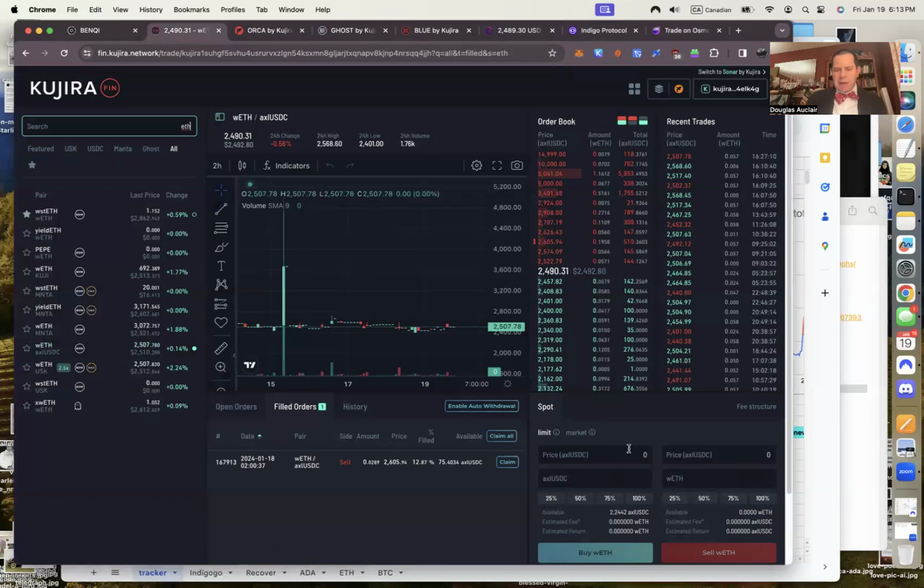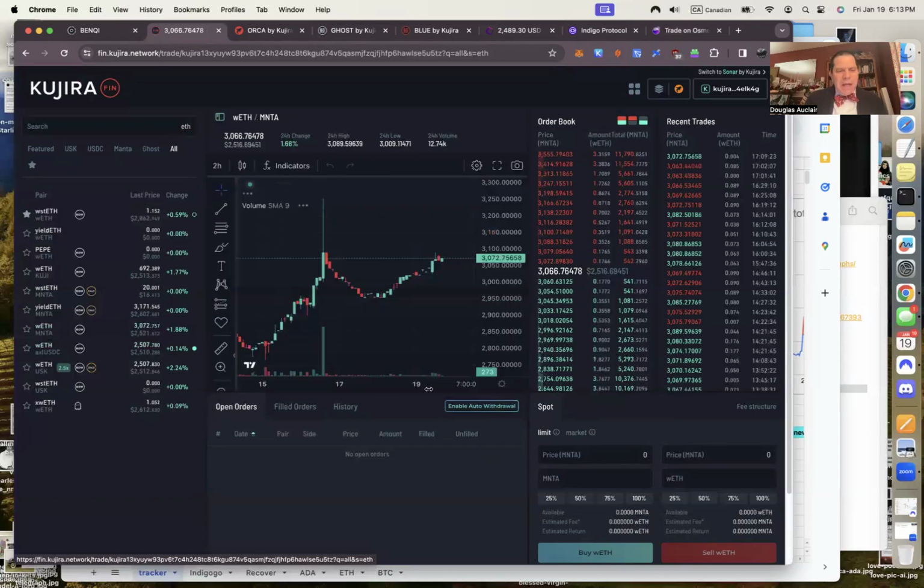So if I were trading Ethereum, I would be selling Ethereum. And so I would sell 0.05 Ethereum. And then I would say, okay, what's a reasonable price here? I'm looking at, here is the highest value proposition is Ethereum against Manta. So I go trade 0.05 Ethereum.